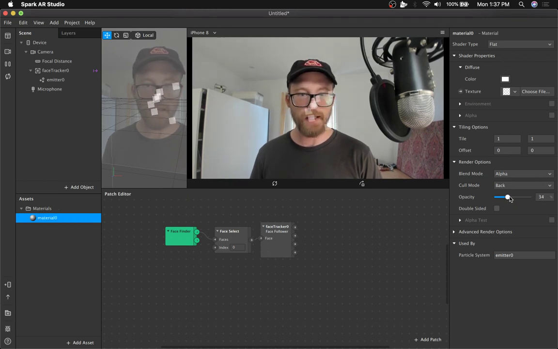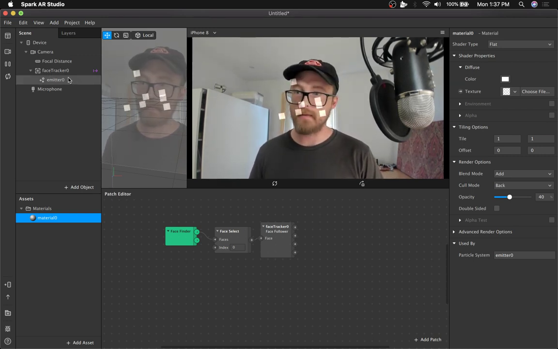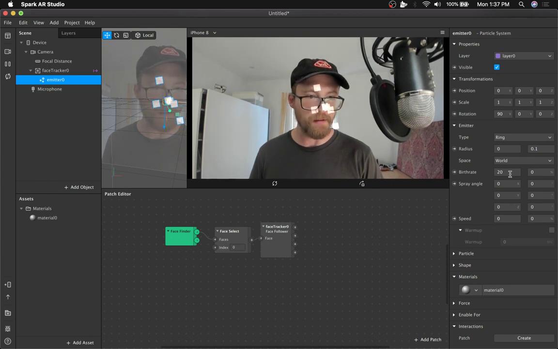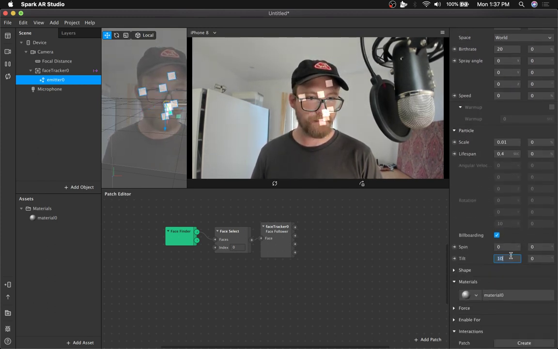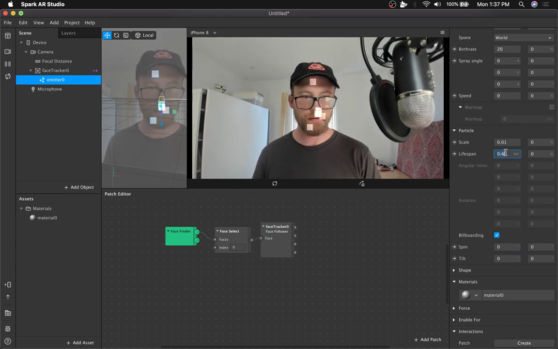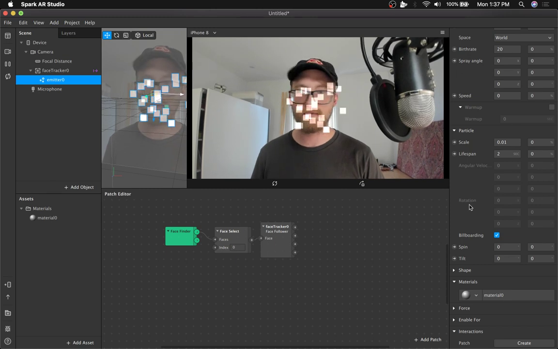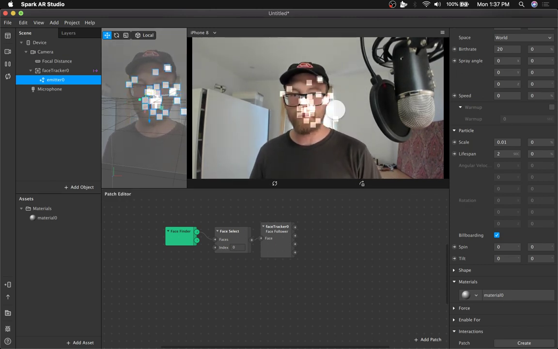Maybe knock down the opacity. Add, why not? Okay, so it looks like it still has some tilt. Yeah, tilt. I'm gonna zero that out. And then we'll say like 2 seconds. Okay, so that's pretty cool.